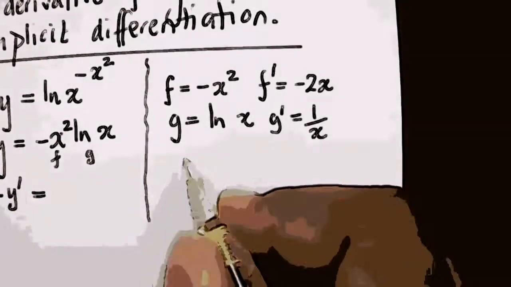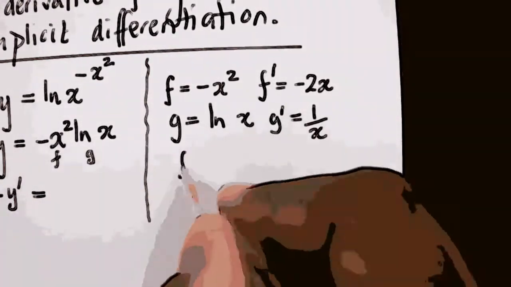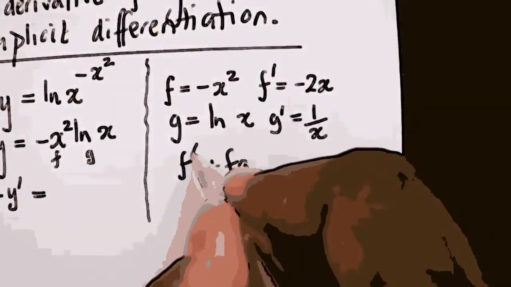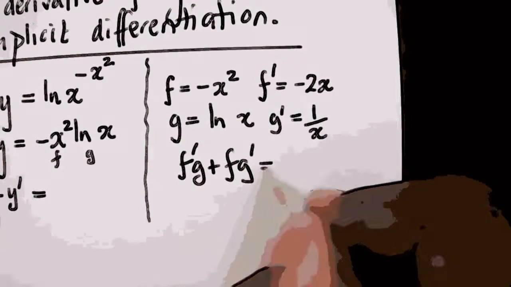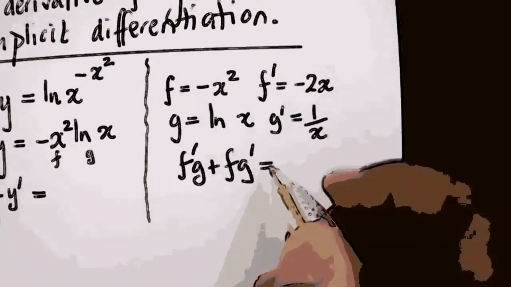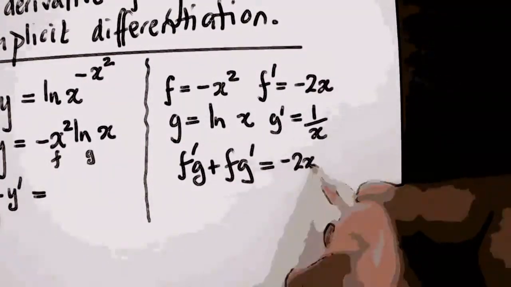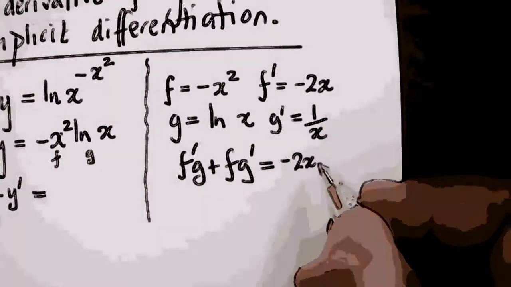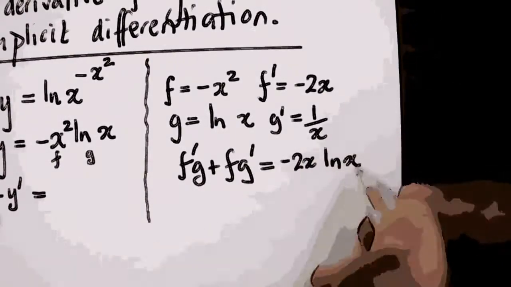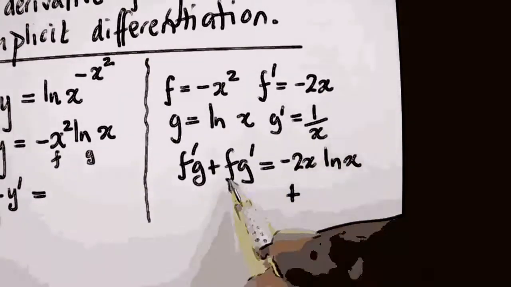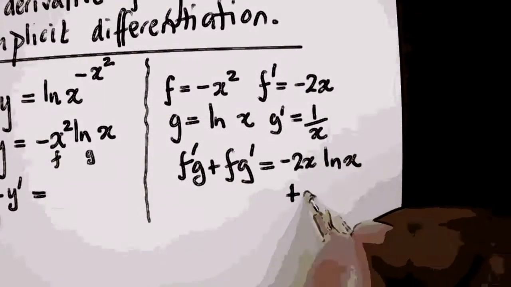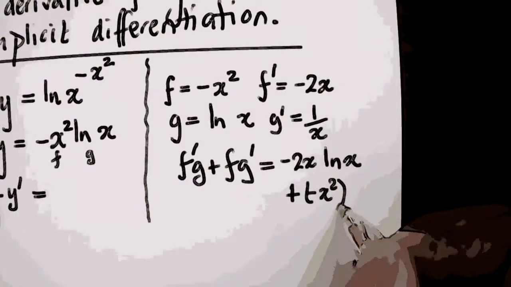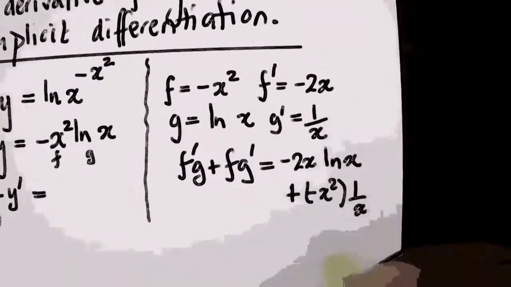And our derivative, of course, because we're using the product rule, remember, is f prime times g plus f times g prime. Let's substitute. That'll give us minus 2x, which is our f prime, and our g is ln x, plus f, which is minus x squared, and then g prime is 1 over x.